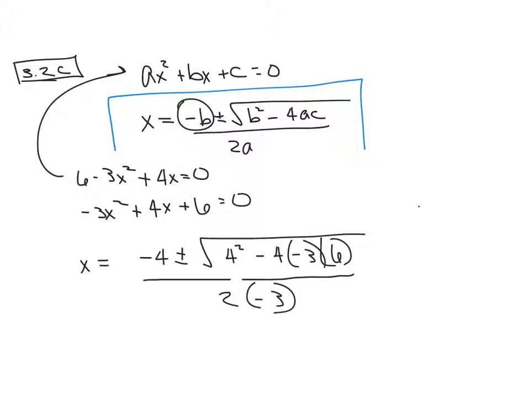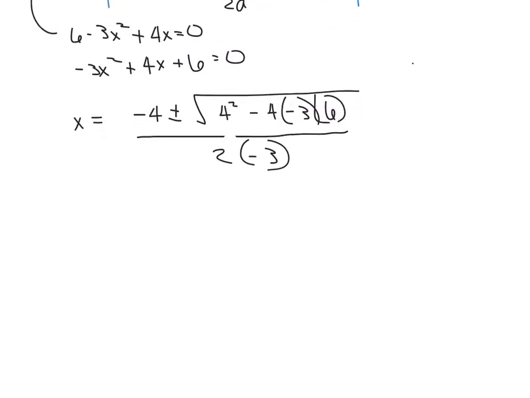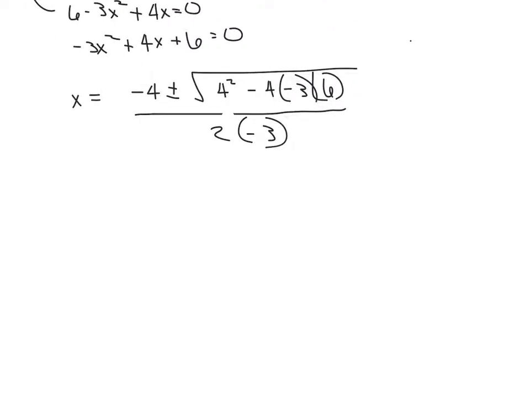Okay, and once we're at this point, we start solving. So what I need to remind you to do is solve what's under the radical sign first, and then we move out from there. So everything else just stays the same. So we have 16. We have two negative signs, so I know, because whenever we're multiplying numbers with positives and negatives, if I have an even number of negative signs, my answer will be positive. So I don't even have to think about that.